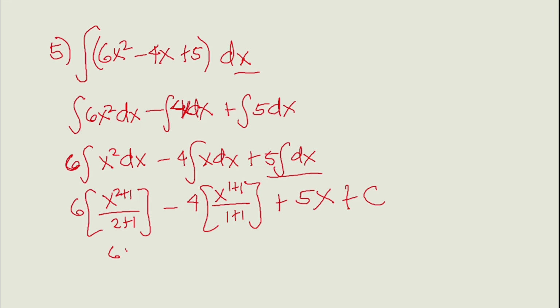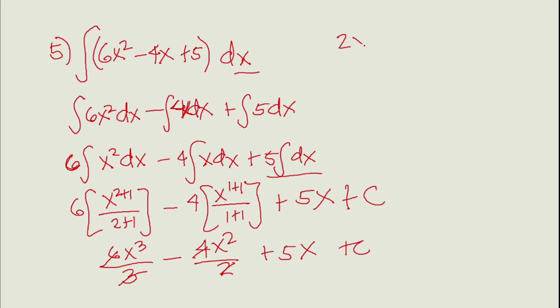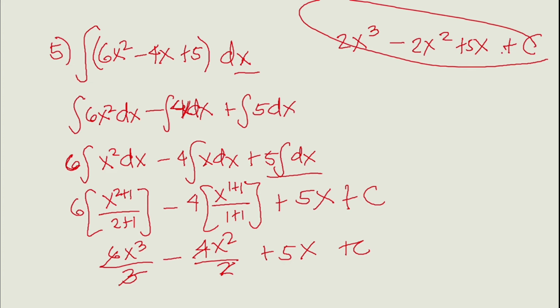So this is 6x cubed over 3 minus 4x squared over 2 plus 5x plus c. If we simplify this, it is 2x cubed minus 2x squared plus 5x plus c. So do not forget to write plus c. Alright, that's number 5. So let's proceed with number 6.